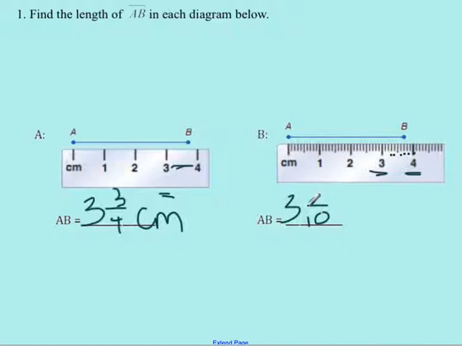Now let's count how many lines it takes to get to point B. We have 1, 2, 3, 4, 5, 6, 7. So we have 3 and 7/10 because we used 7 of the 10 lines between 3 and 4. Again, we want to make sure that's centimeters. You can go ahead and cross off B and D. We're not going to do those on this video.